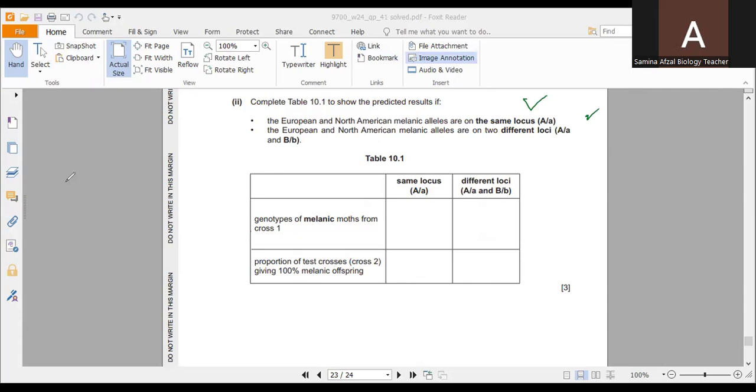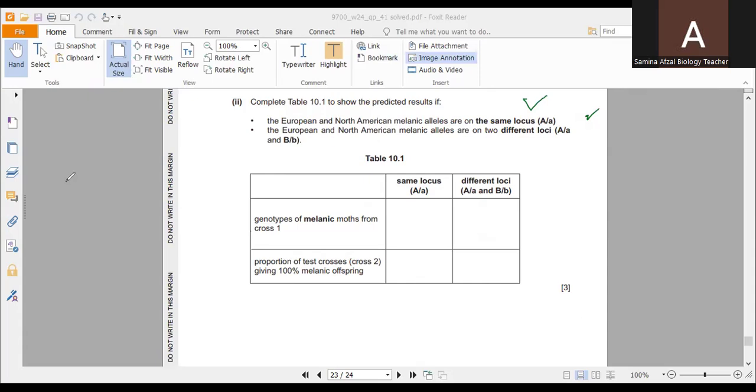Here we have to complete this. In case of the same locus, we can see the genotypes of melanic moths from cross 1.